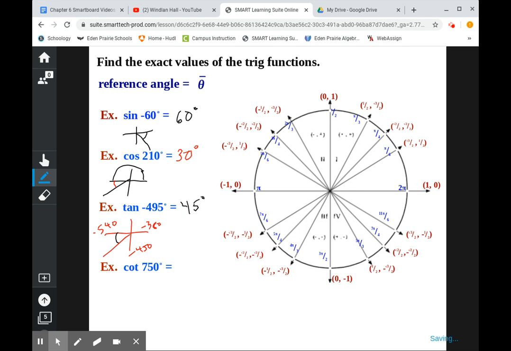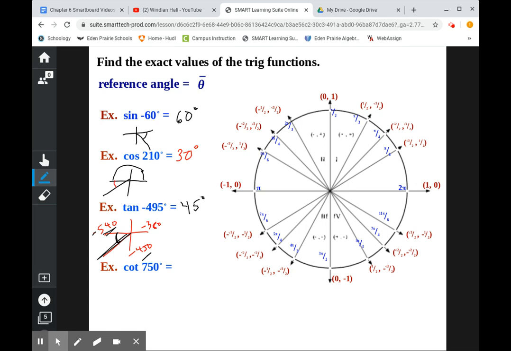Remember, just be careful not to ever draw your reference angles to the y-axis. I've seen that mistake happen. It's always drawn to the nearest x-axis. So if negative 450 is here, negative 540 is there, negative 495 has to be in the middle of those two. And how much from negative 495 to 540 does it take to get there? 45 degrees. Remember, it's positive.